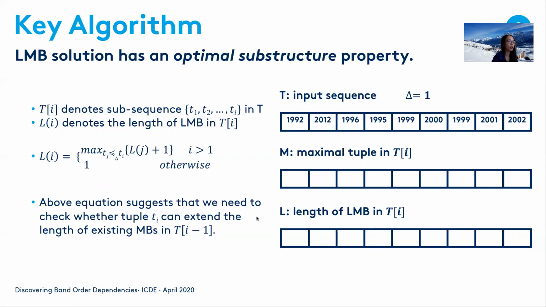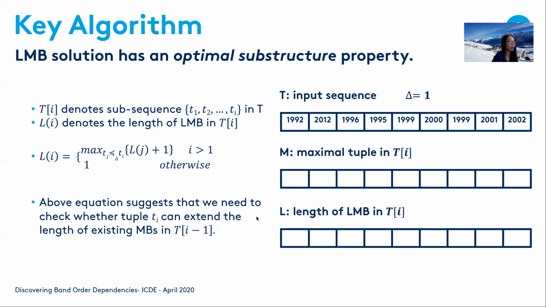So therefore, for each tuple Ti, we need to check whether it can extend existing monotonic bands in subsequence Ti minus 1. So again, we demonstrate on the motivating example.